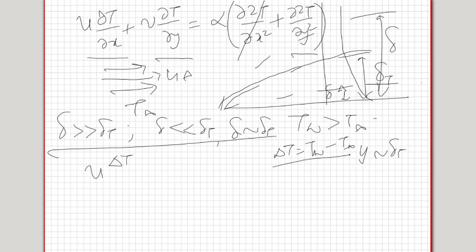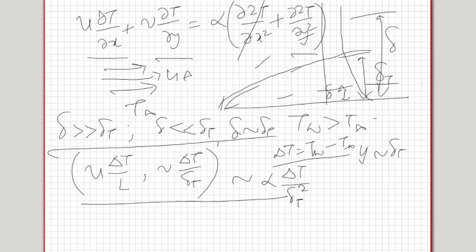So U delta T by L, because X is of the order of L, comma, V delta T by delta T, the thermal boundary layer thickness. So this is your left hand side. This is of the order of alpha times delta T divided by delta T square. So now this is your order of magnitude equation.